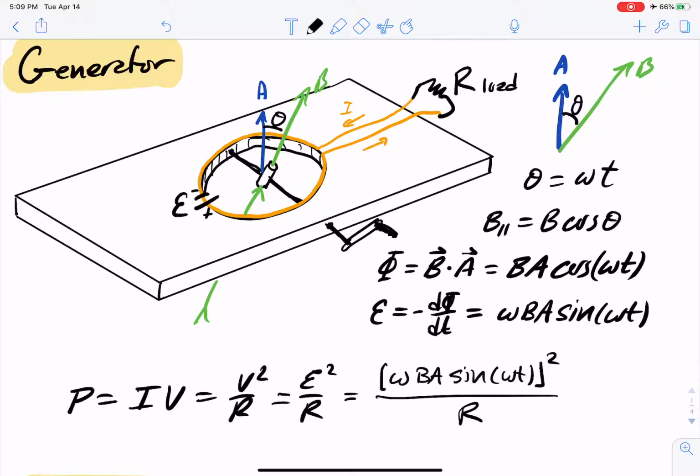So the thing is that if there's a current going in this loop here, we know that a current in a loop in a magnetic field experiences a torque. So let's look at that torque.